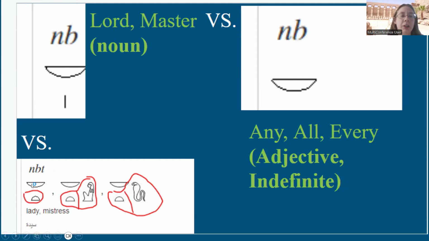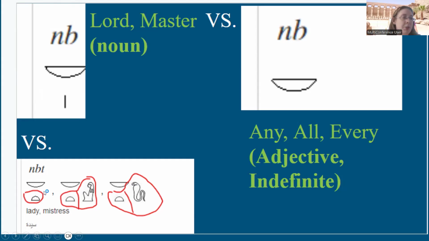And if you look, it starts with that same bilateral neb, but it adds the bread loaf, unilateral, which is T. And the bread loaf T is feminine.